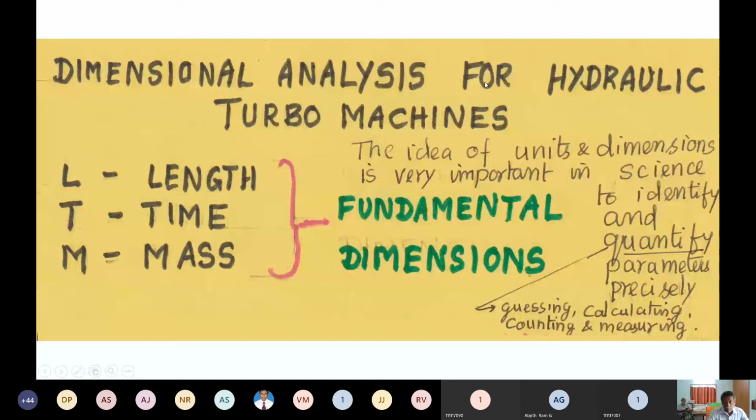Now about the dimensional analysis, this you must have studied in fluid mechanics, and maybe somewhere else also. And you'll understand that the idea of units and dimensions is very, very important in science and technology to identify and to quantify the parameters precisely.